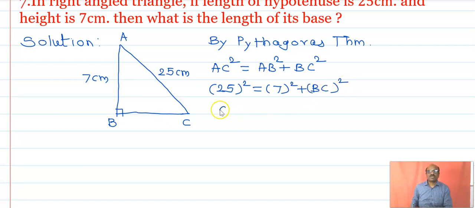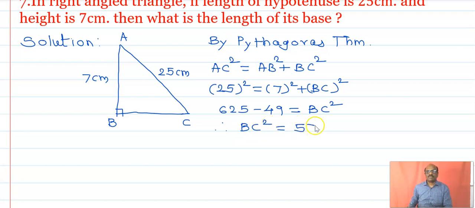25 square means what? 625 minus 49 is equal to BC square, and therefore BC square is equal to 576, and therefore BC is equal to 24.